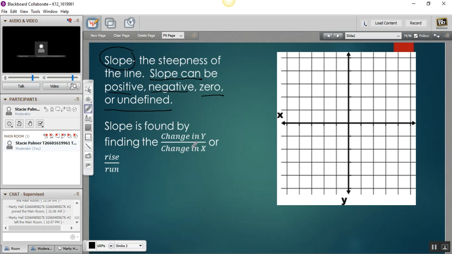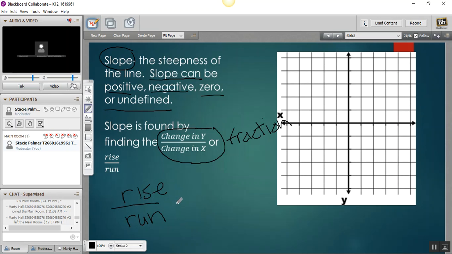Slope is found by finding the change in y over the change in x. So this is where our fraction comes in. We always have a fraction of the change in y over the change in x. Or we can say the rise over the run. When we're finding slope, it's opposite of plotting ordered pairs.